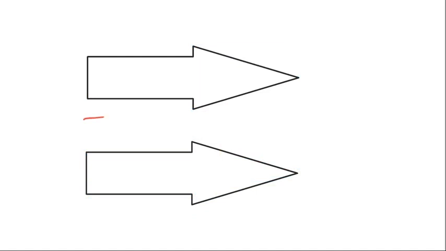Now if you displace the vector in the upward direction, has the size of the vector changed? No, the size is still the same. What about the direction? Are they pointing towards the same direction? Yes, they both are pointing towards the same direction. So if I displace the vector parallelly, then its magnitude and direction remain the same.